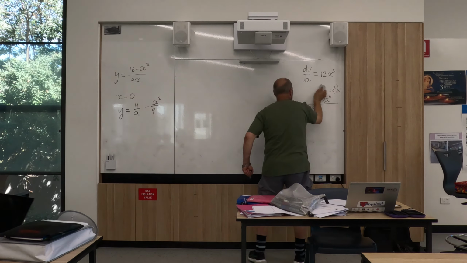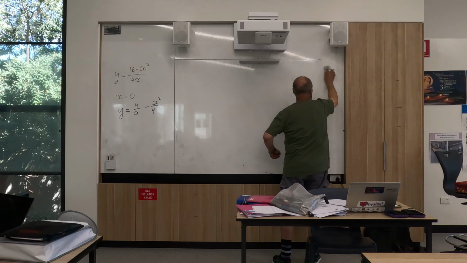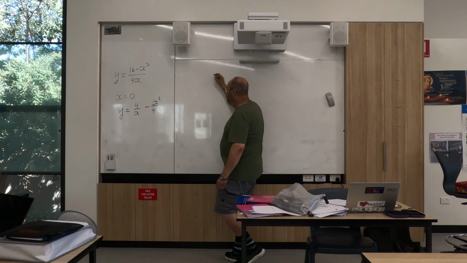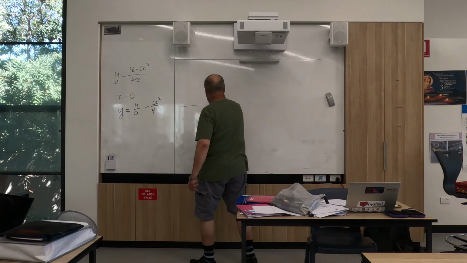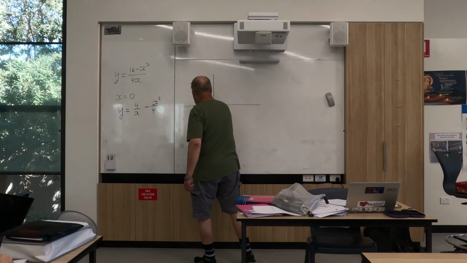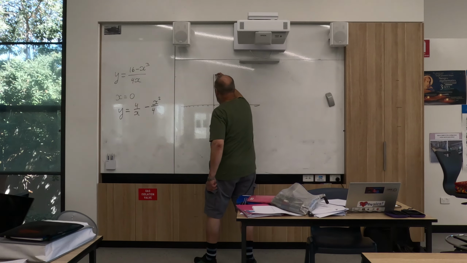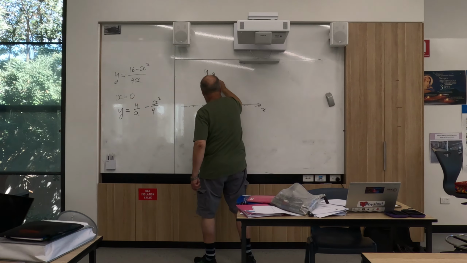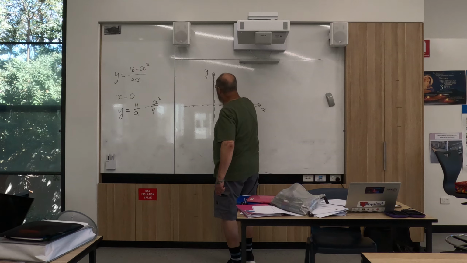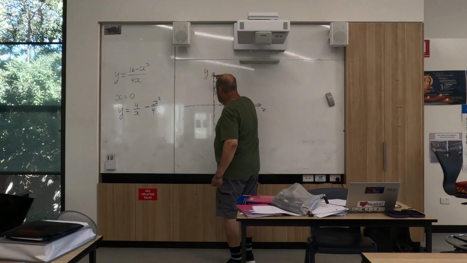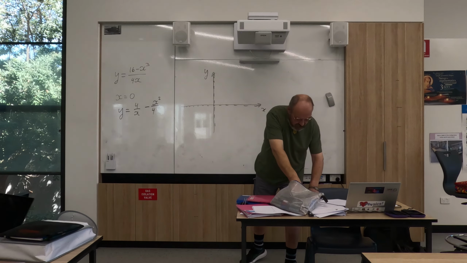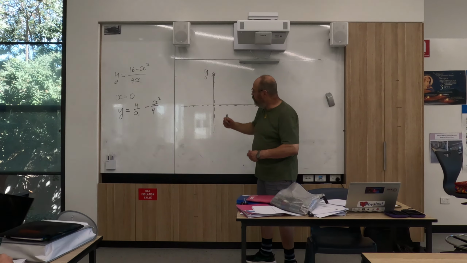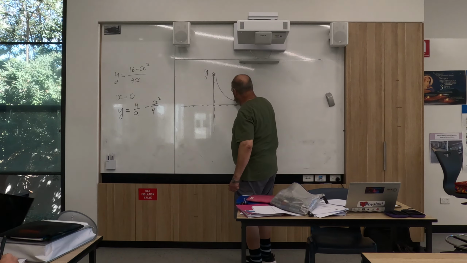So we have two graphs. 4 on x, which has two asymptotes, in a different color. This is 4 on x.